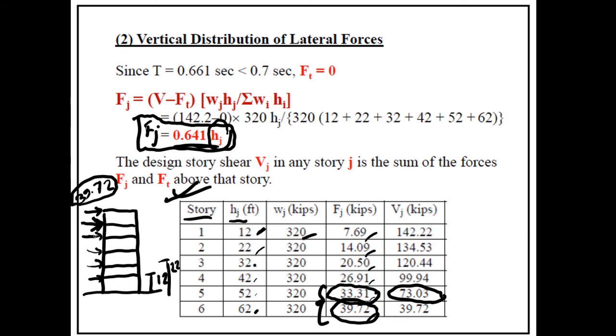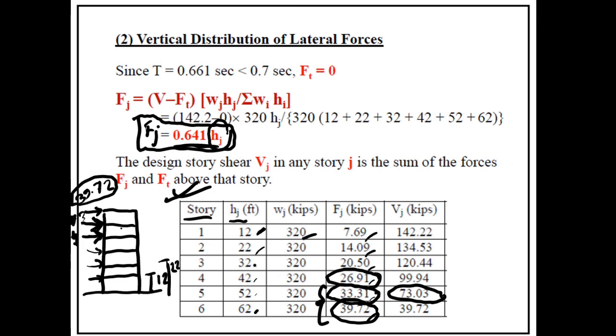Similarly for the 4th story, the force will be, we have calculated 73.03 up to the 5th story, and summing up those values, in the 4th story the individual value is 26.91.